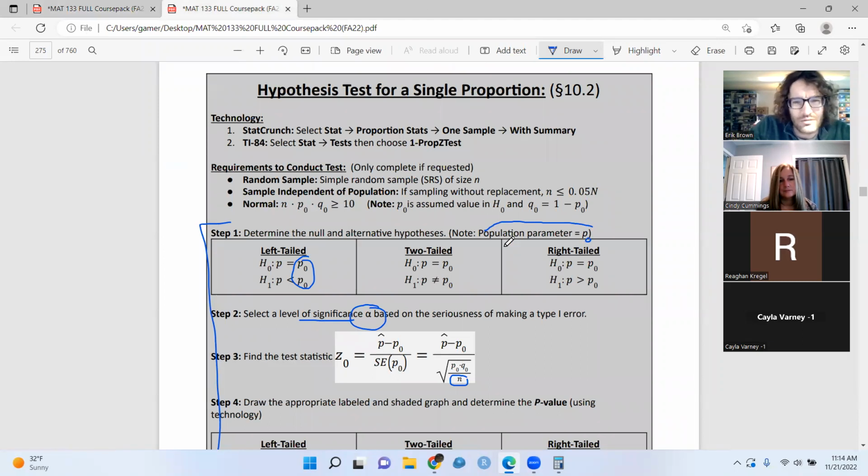Maybe it's not a typo. So the P here is the population parameter of interest, and then our null statement is that it's equal to a particular number. That's the P naught, and then we're making a claim in the alternative hypothesis of one of these things: less than, not equal to, greater than.